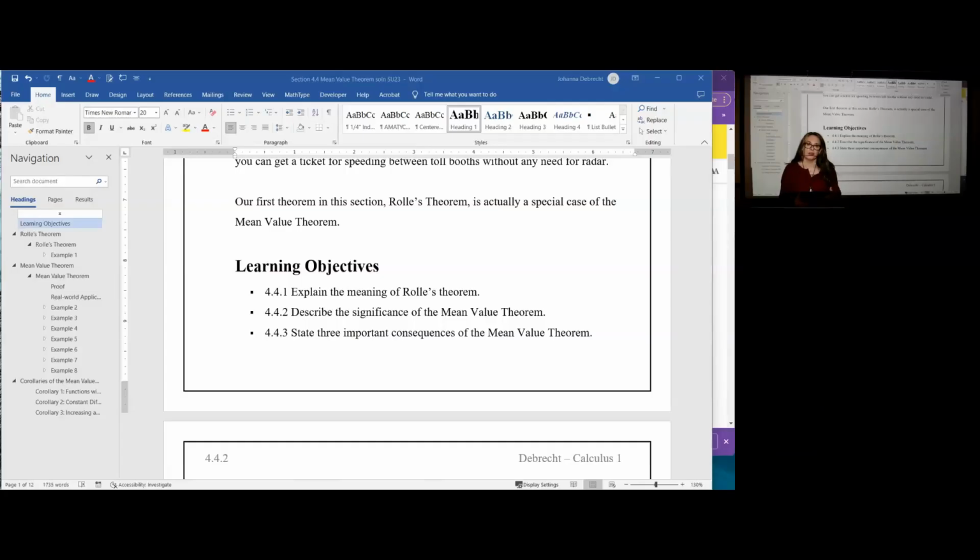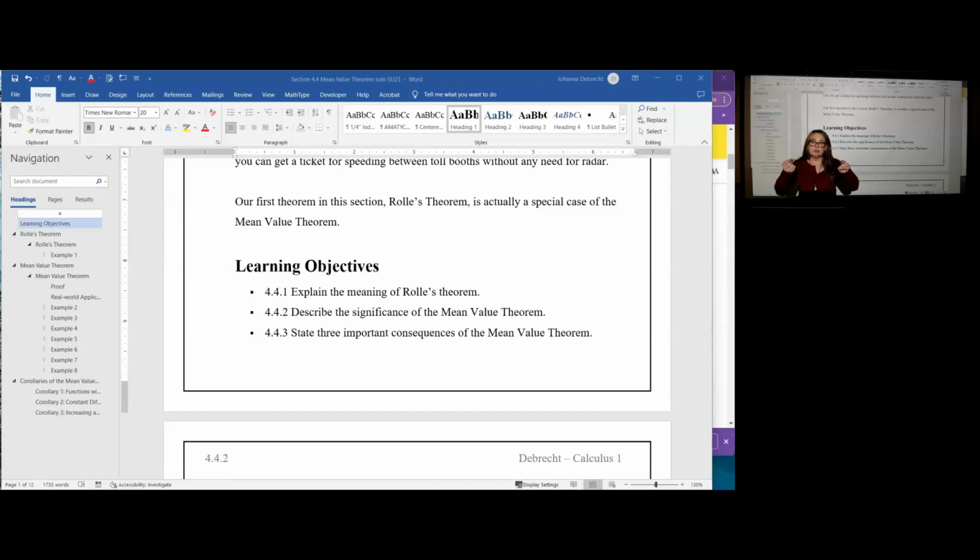As part of our work in this theorem, we're going to be learning first about something called Rolle's theorem. Now, Rolle's theorem is actually the mean value theorem in a special case, where the y values at the two endpoints of the interval are equal to one another.